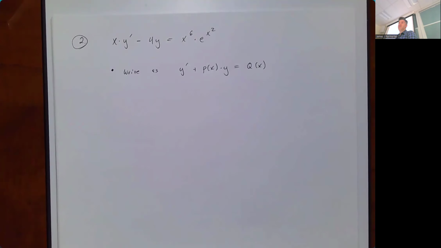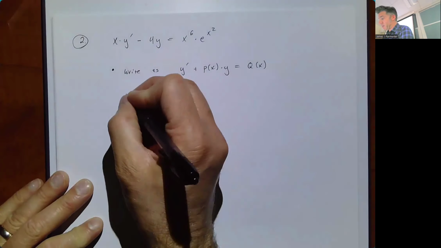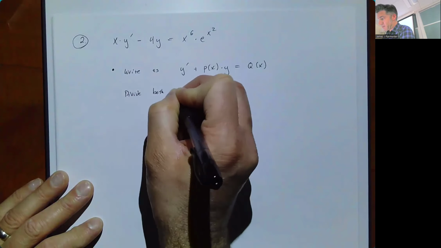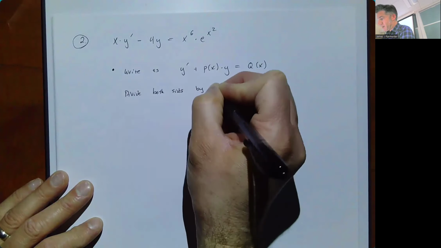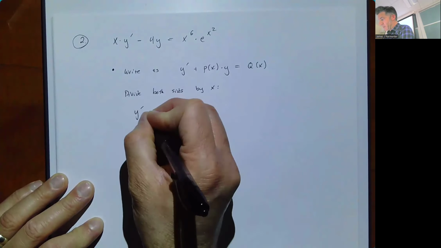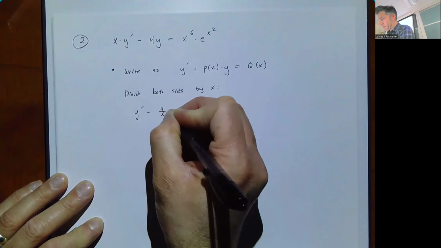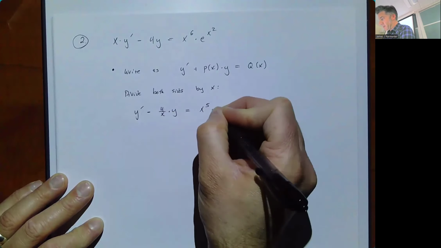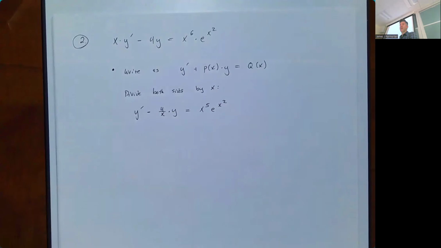How do I get rid of the x? Divide by x. I'm going to divide everything by x. And then I'm going to have y prime minus 4 over x times y equal to x to the 5th times e to the x squared.